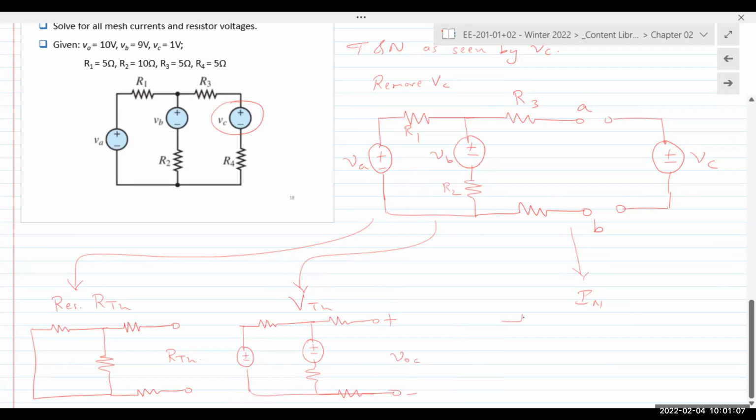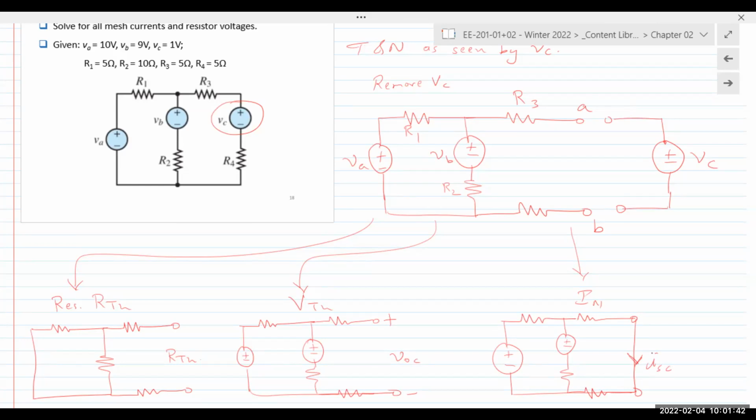And then Norton current, you take that circuit, and you take the output terminals and short it out, and you find ISC here. So again, 3 different circuits, but once you have RTH, VTH, and ISC, IN, that would be the equivalent circuit for Norton and Thevenin.